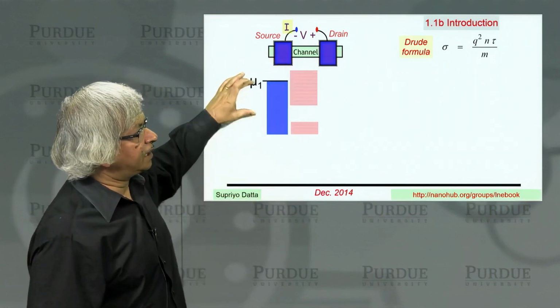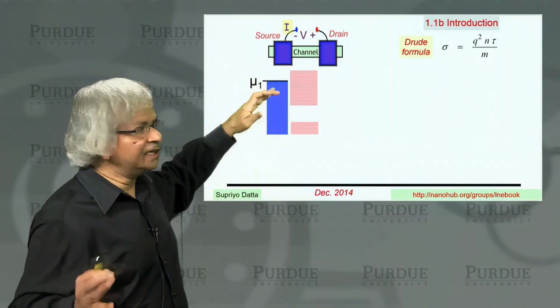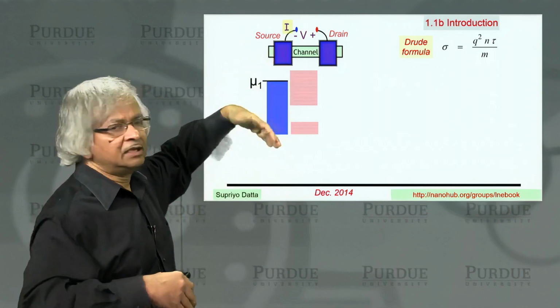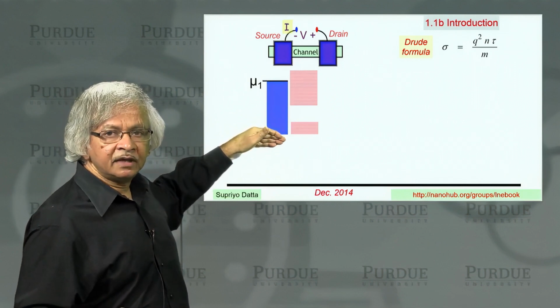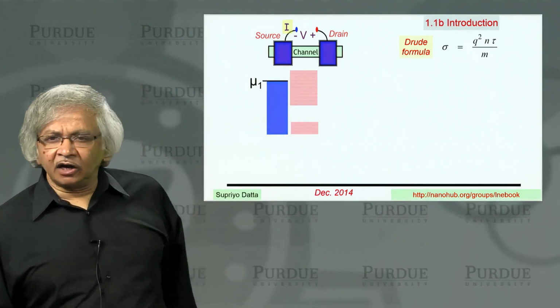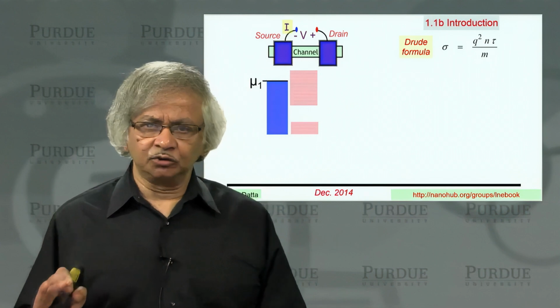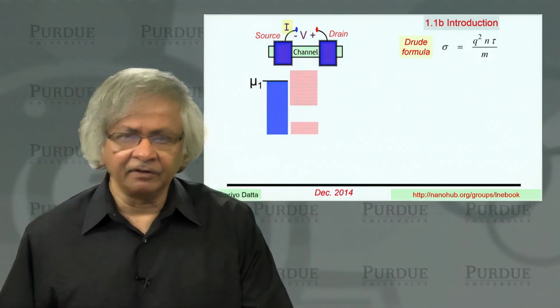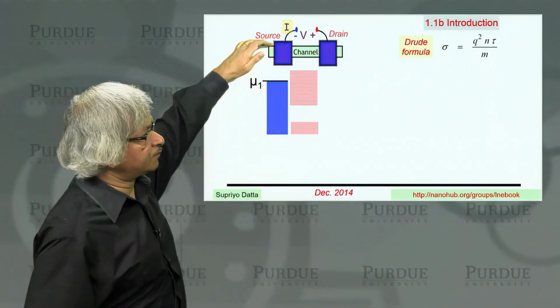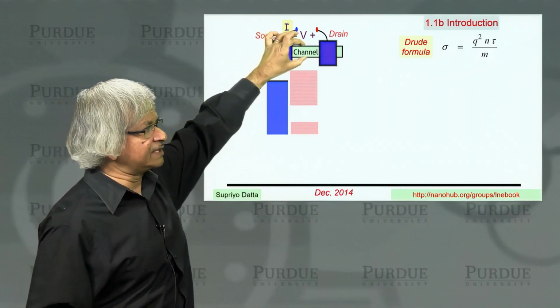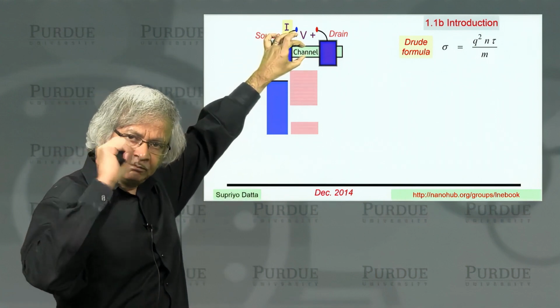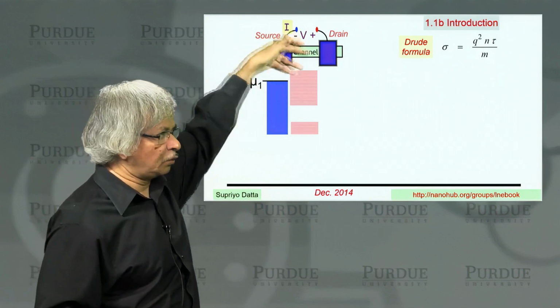And then you have a contact, and ideally this contact has, again, lots of states, continuously distributed, and the details of the contact usually wouldn't matter too much. That's because in terms of the flow of current, the contact is a very big region, whereas the channel is this narrow bottleneck that controls the flow.